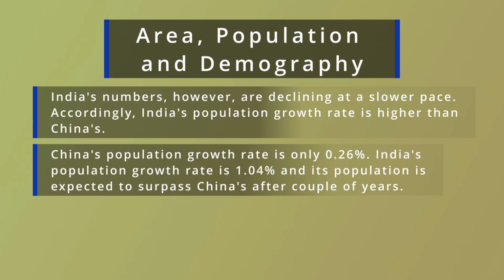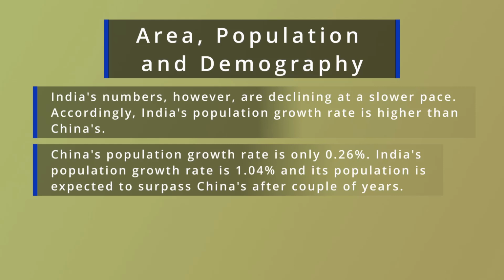This figure helps us to understand the growth rate of the population of China and India. India experienced a high growth rate of the population during the entire time period after 1975, whereas the growth rate of the population of China is relatively low.